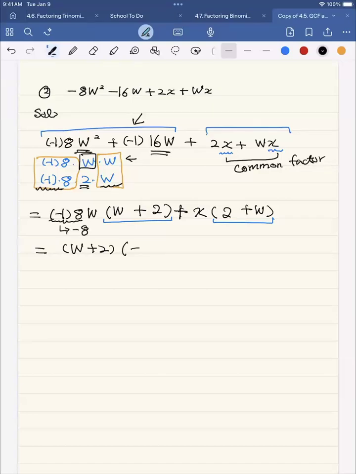So negative 8w plus x. If you don't like minus as a first term, then you can write w plus 2 times x minus 8w. Doesn't matter.